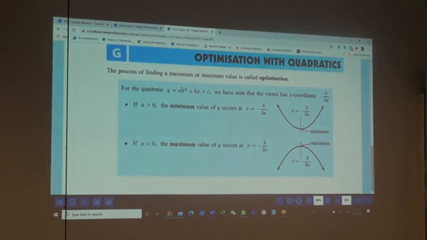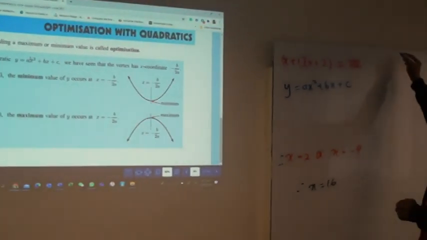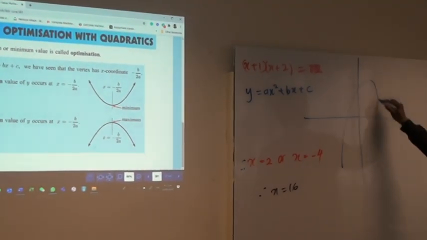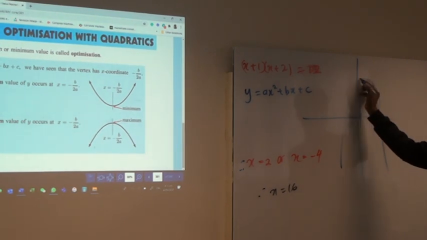When we're talking about optimization problem, we are talking about finding the maximum or the minimum of that function. There's a function, right? So there's a function y equals ax squared plus bx plus c. This function is represented in your xy plane. If this is your graph, this is the maximum value of y.